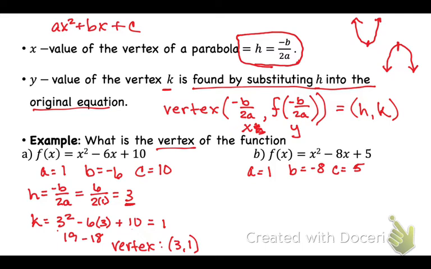Find your h. So you're using your negative b over 2a to find your h.